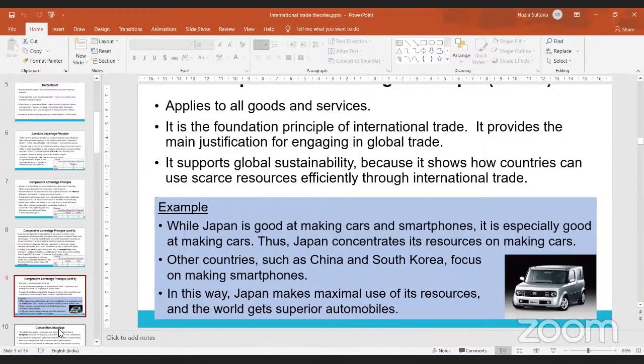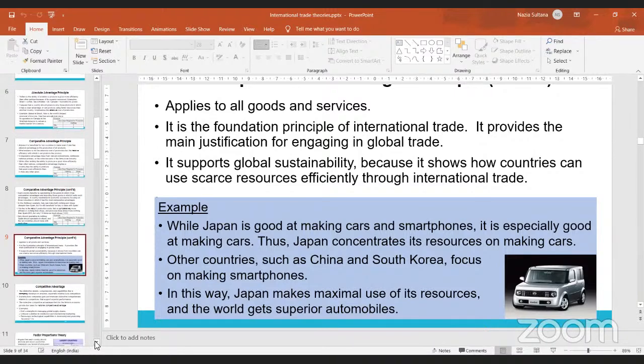Your comparative advantage comes only when you are able to compare your efficiency, your resources, and your cost, and produce those items which are sustainable for you. Let the other countries produce those where their cost, efficiency, and expertise match. So that way comparative advantage is gained by both countries, which will make them competitive in the market.